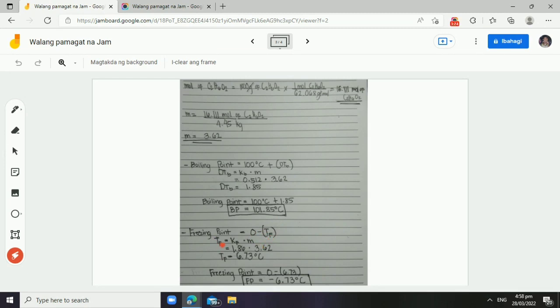Here we have 1.86, that's the freezing point depression constant of water, multiplied by 3.62, which is our molality, and we are going to get 6.73 degrees Celsius. I-minus lang natin yun sa 0. So 0 minus 6.73, we are going to get negative 6.73 degrees Celsius as our freezing point.